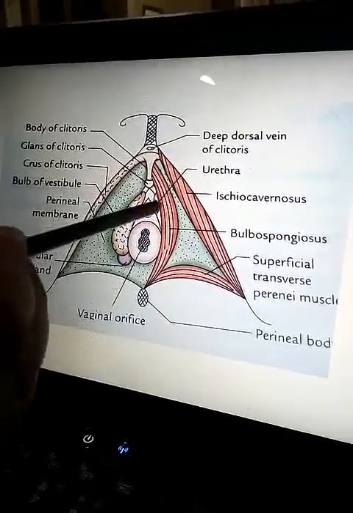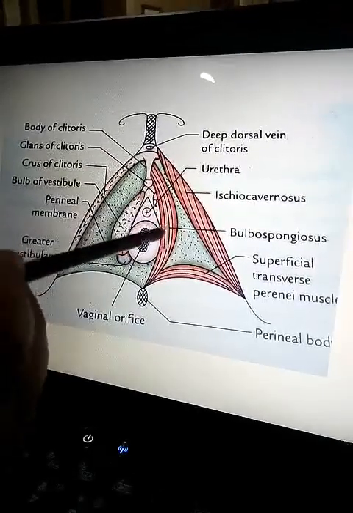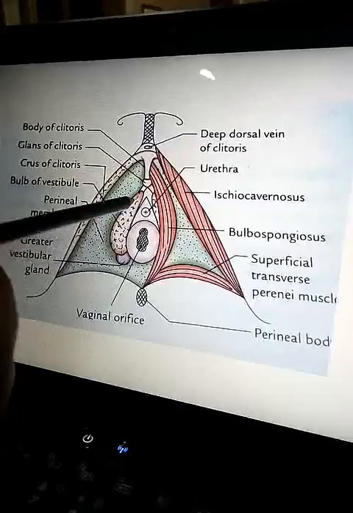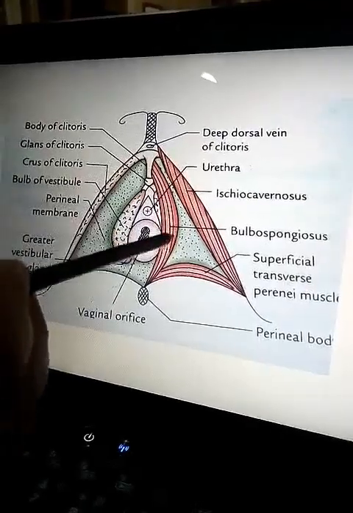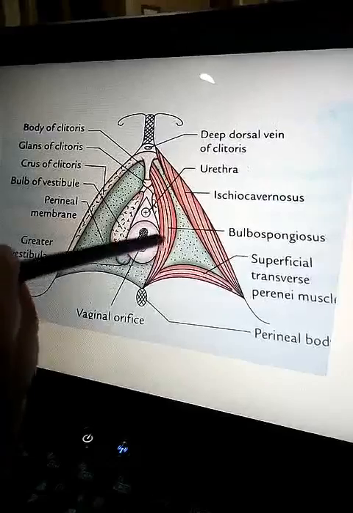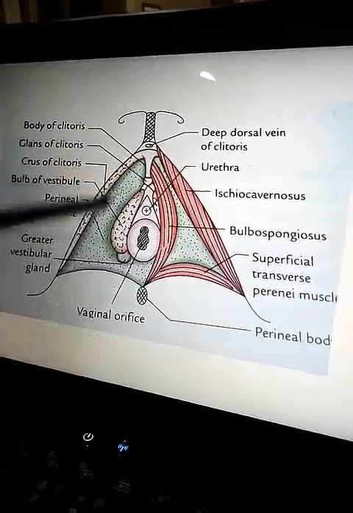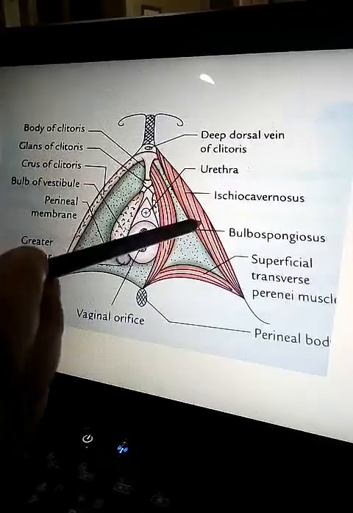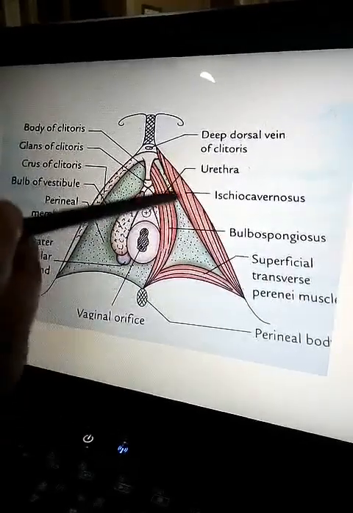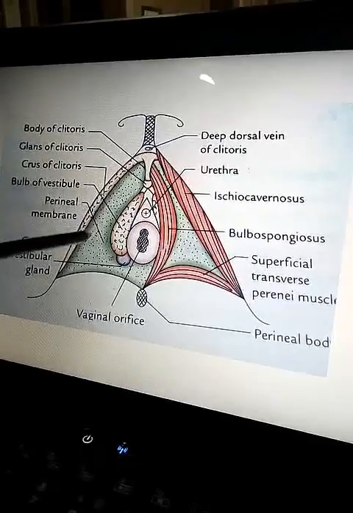Each bulb of the vestibule is attached to the inferior surface of the perineal membrane, and it is covered by the bulbospongiosus muscle. This is the bulbospongiosus muscle that covers the bulb of the vestibule. Now the crura of the clitoris, these are the right crus and left crus of the clitoris.